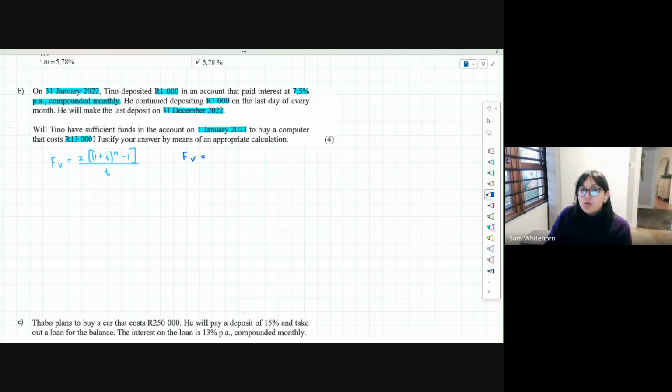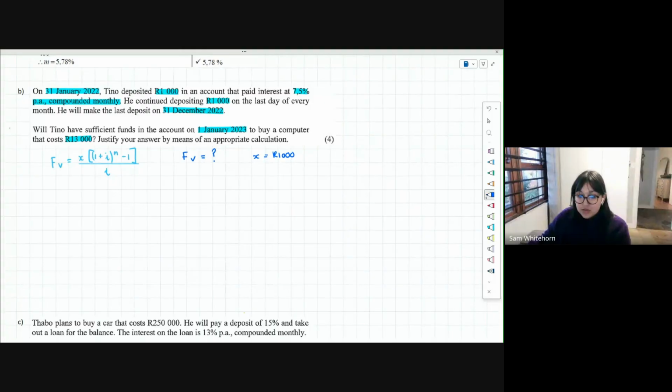We want to find what this future value amount would be, what the amount would be once we have made all of our deposits. We know what our goal is, but we don't know if we will have that amount with the deposits we're making. So that leads us onto our x value.